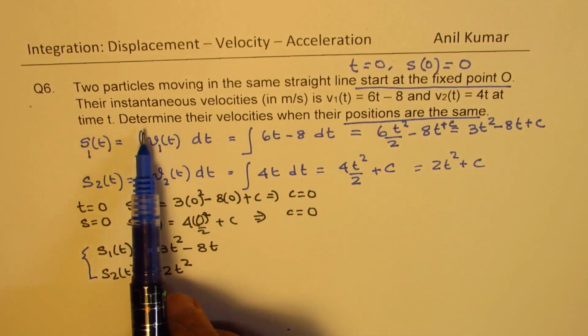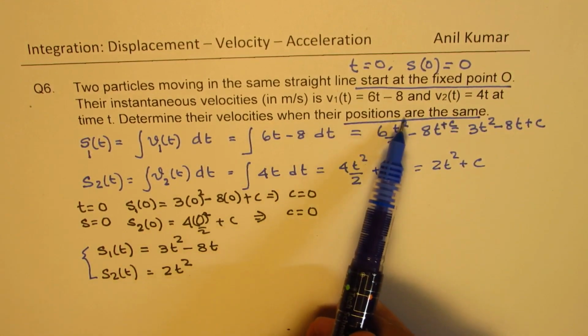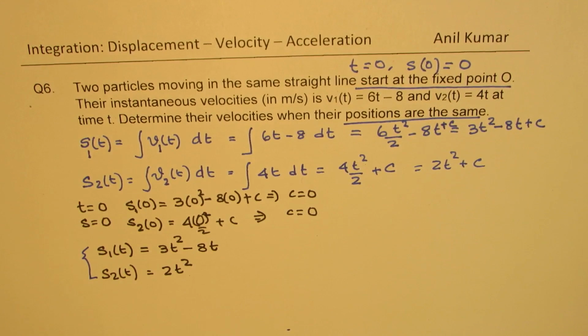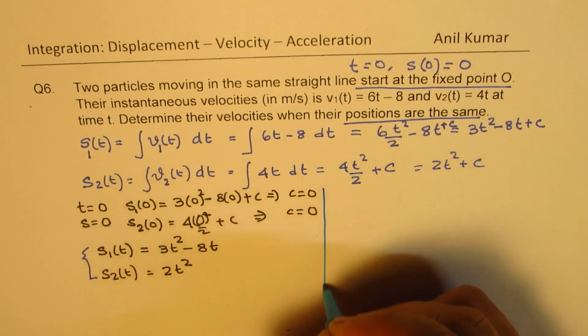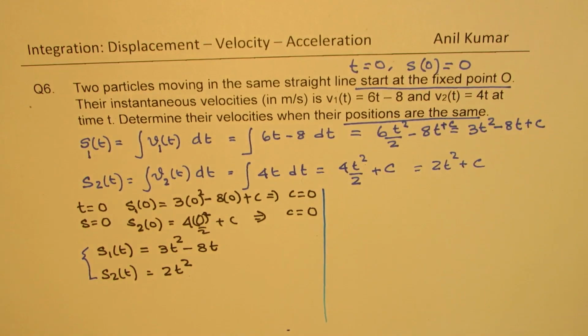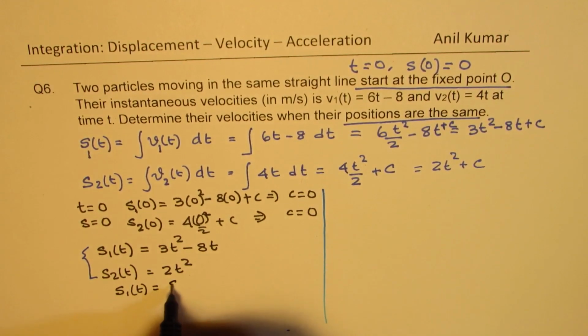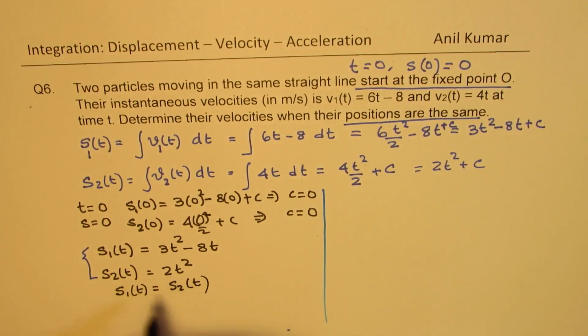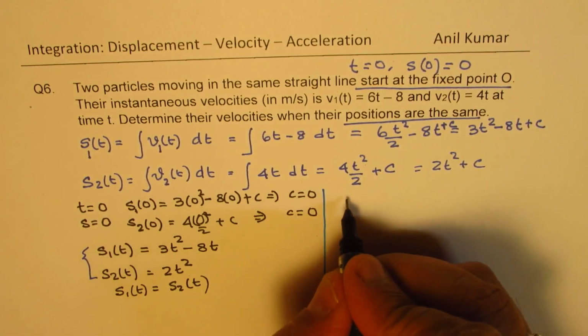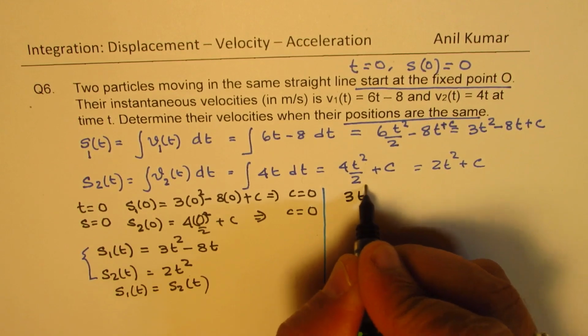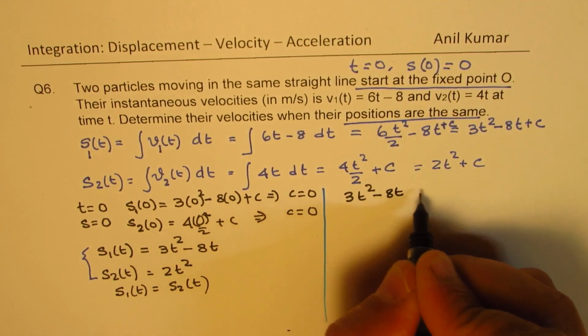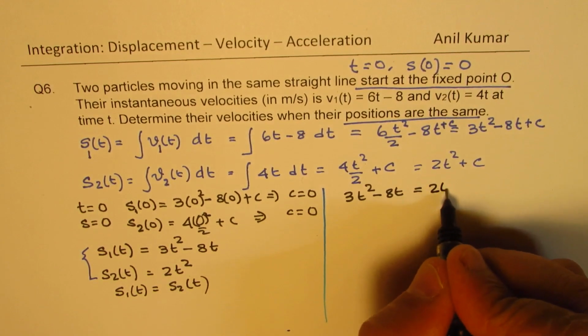Now determine their velocities when their positions are same. That means we need to figure out what is the time when S1 is equal to S2, right? So let's equate these two. We get here 3t squared minus 8t equals 2t squared, right?